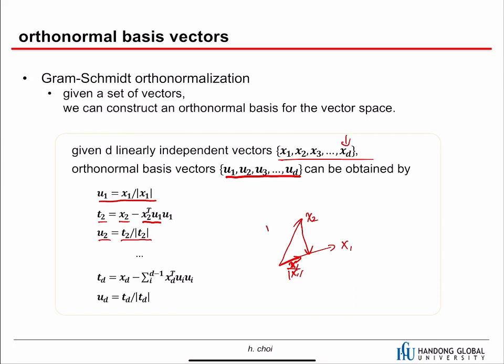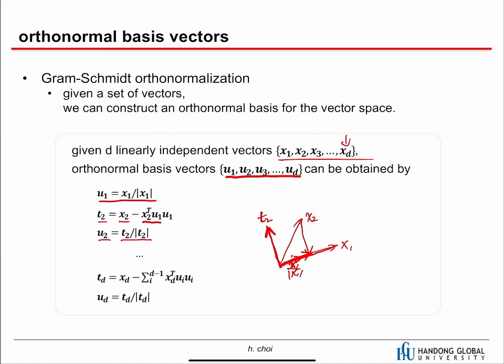So basically, we decompose x2 into these two vectors, this one and this one. And this one is on the x1 line, okay? And then we have another component here. Actually, this one is t2.